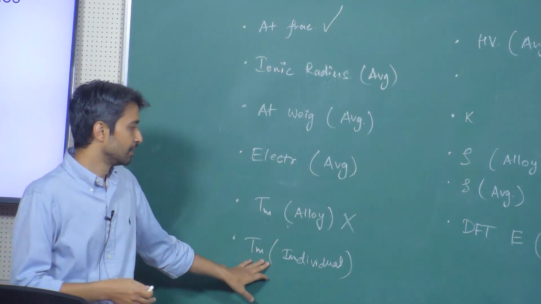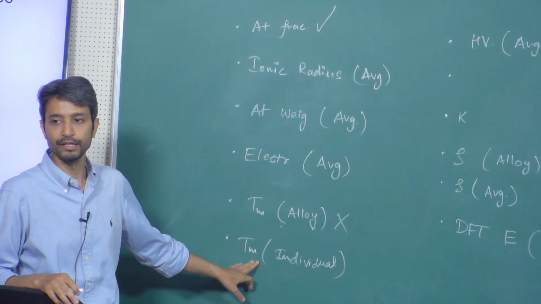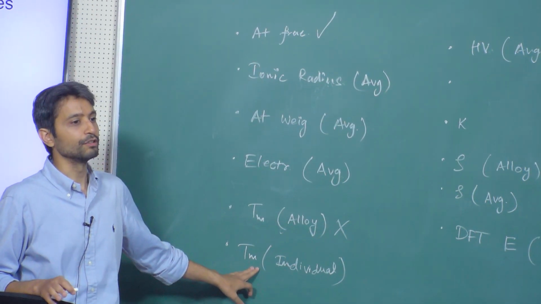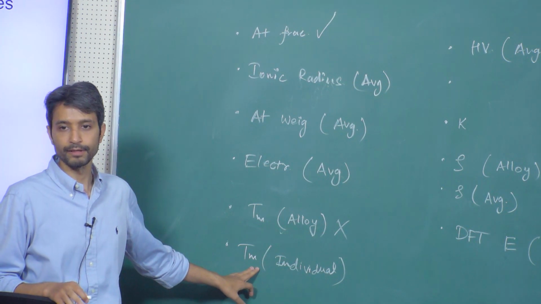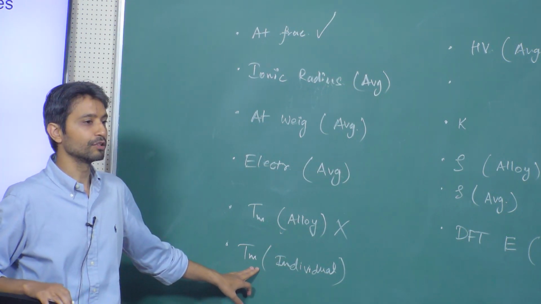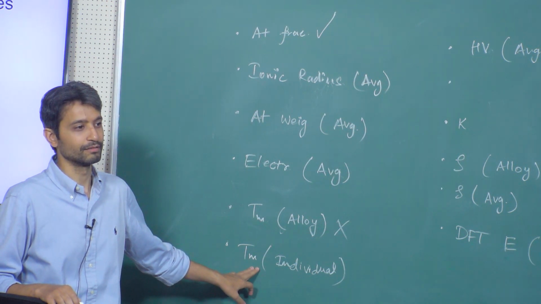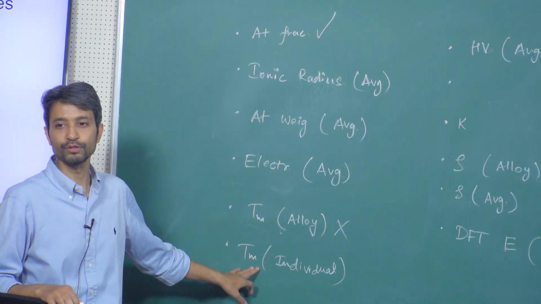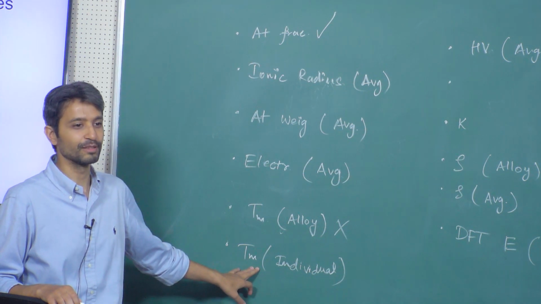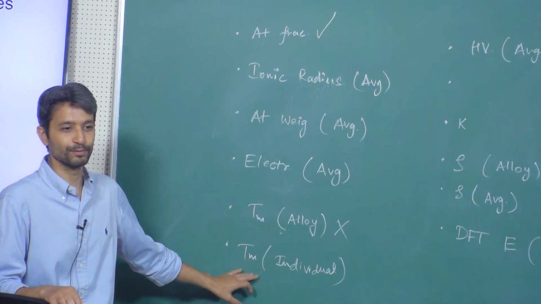Okay. What about these individual elements? For individual elements, I will always have melting data available. Unless you are talking about some nuclear elements. There are a few nuclear elements for which it's not easily available. It was surprising for me also.